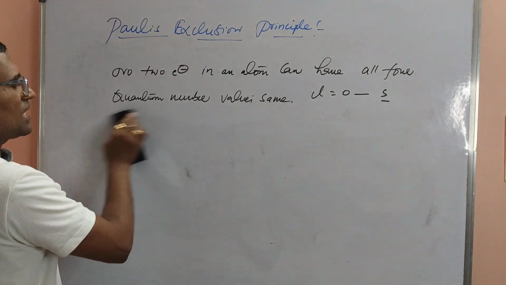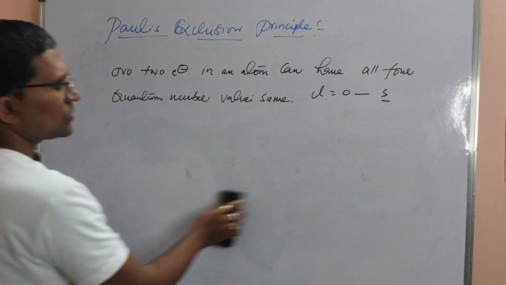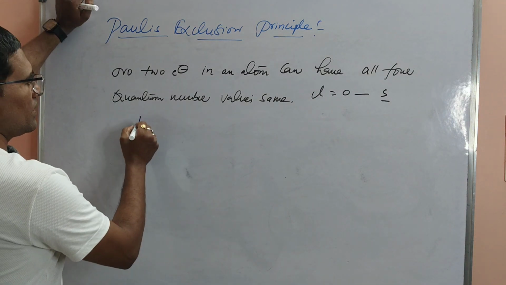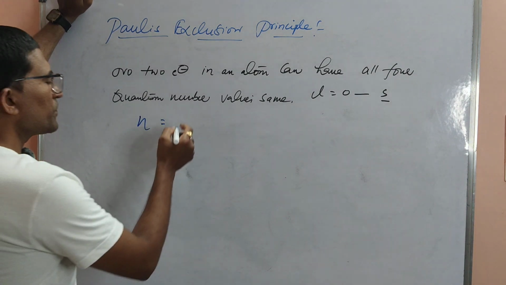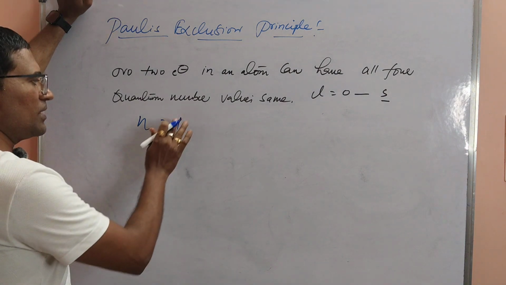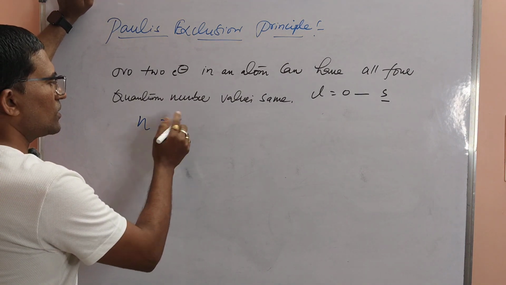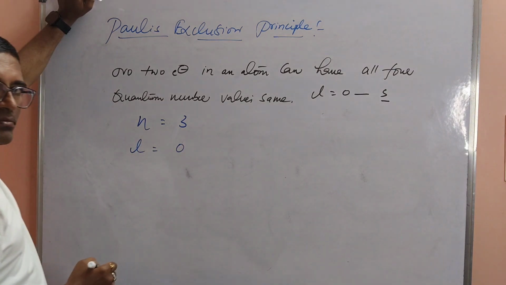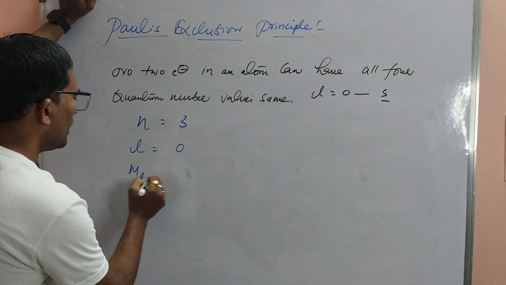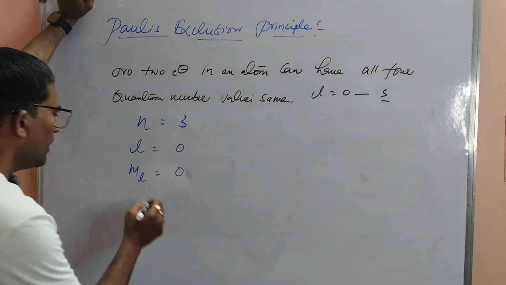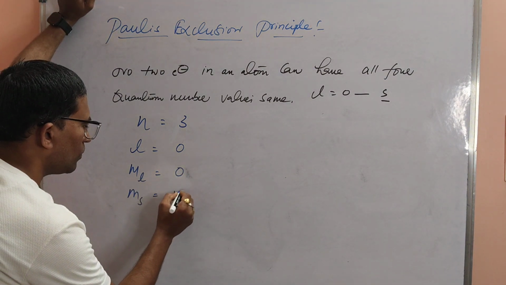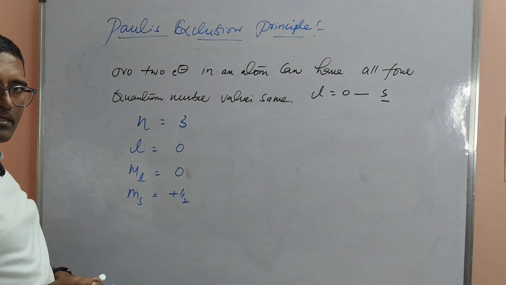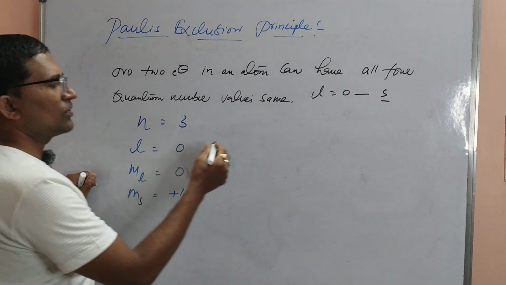Now, for example, if I give the quantum number values as n is equal to 3, l is equal to 0, ml is also equal to 0, and ms is equal to plus half, you can identify what element it is. Sir, n is equal to 3, I will write 3.